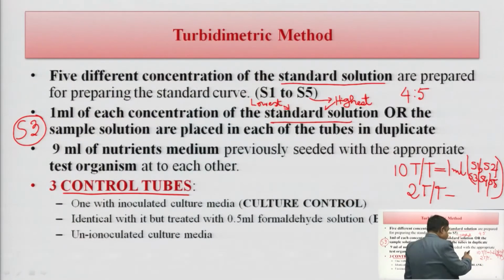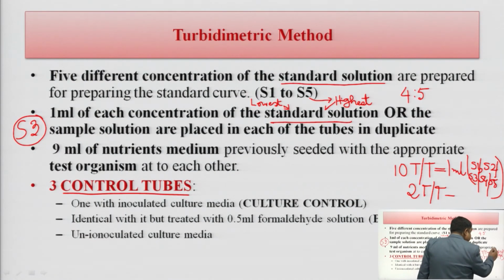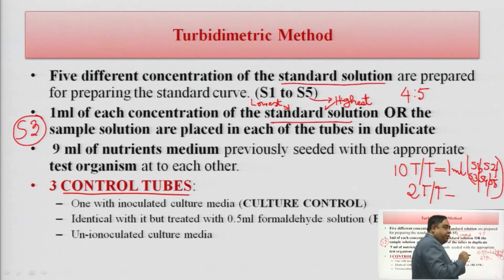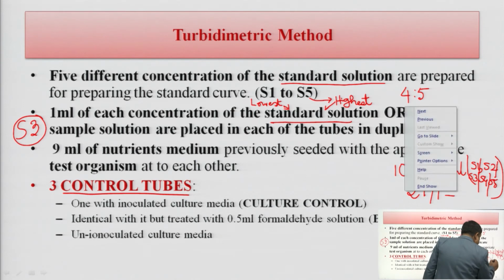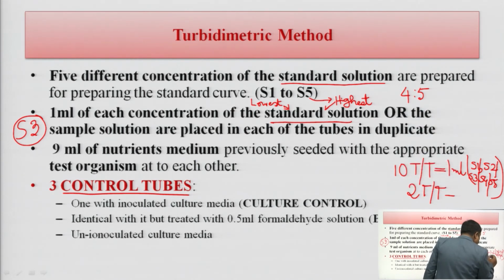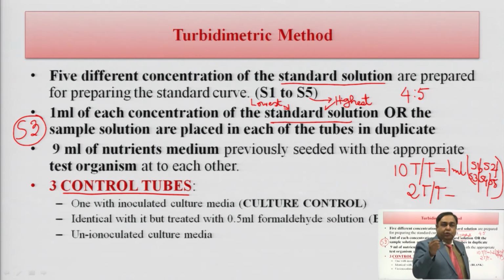We have taken 10 test tubes containing 1 ml of either S1, S2, S3, S4 or S5. You take an additional 2 test tubes where you add 1 ml of the unknown sample solution.